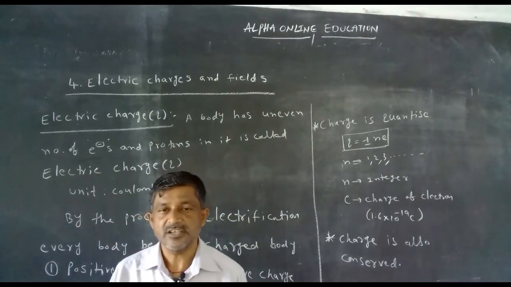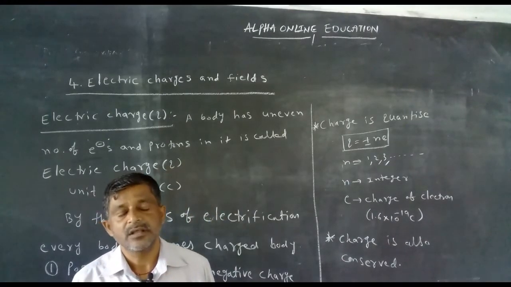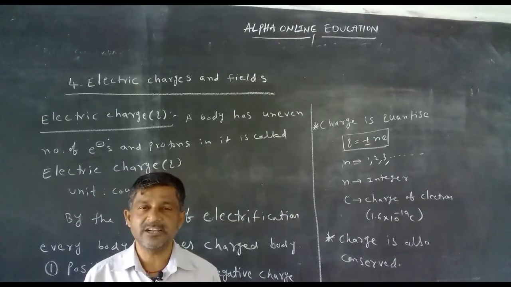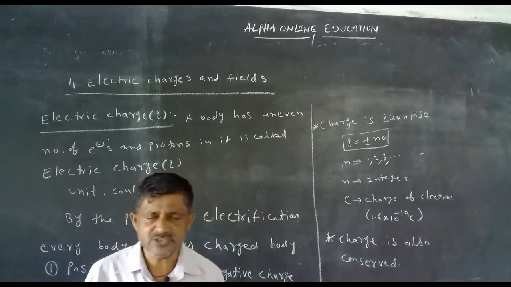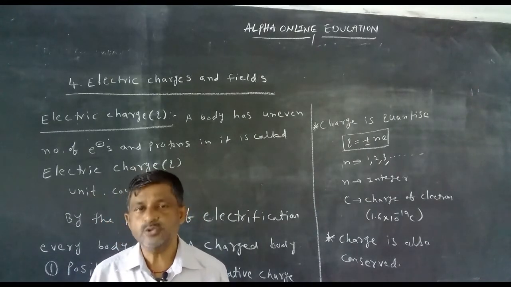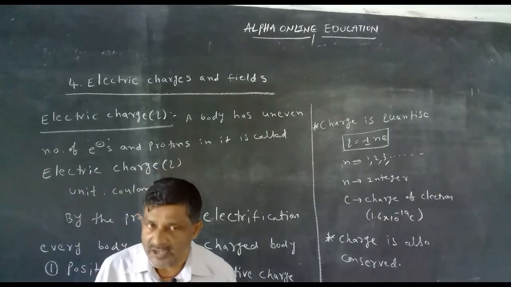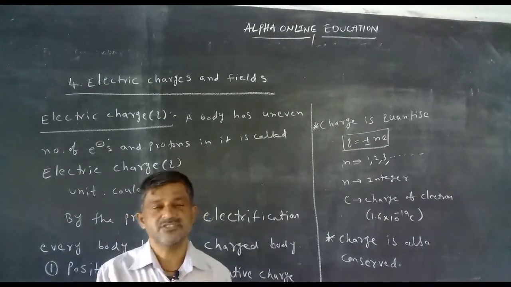These are the important 2 marks questions under this article. Next, after electrification, the object has become a charged object, positive or negative. Due to that, between the charges there exists an attractive force or a repulsive force.